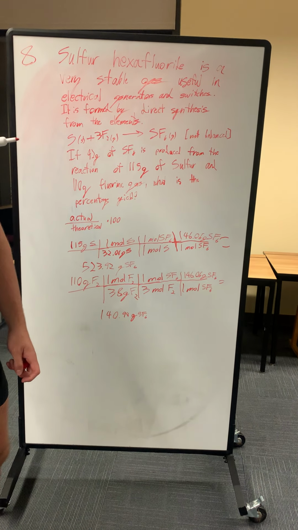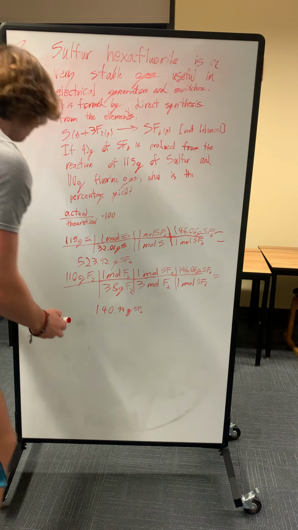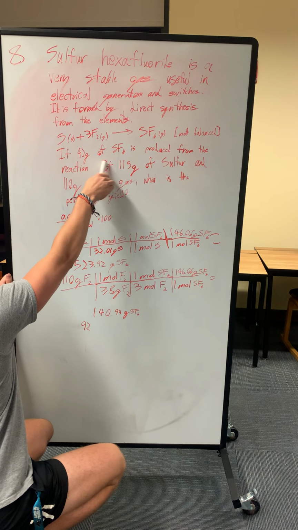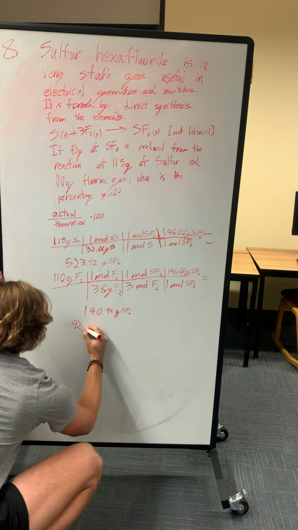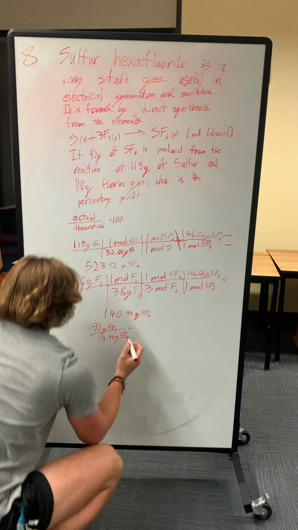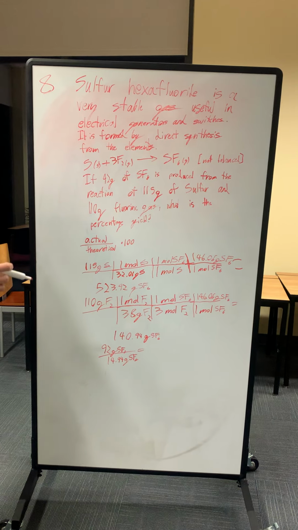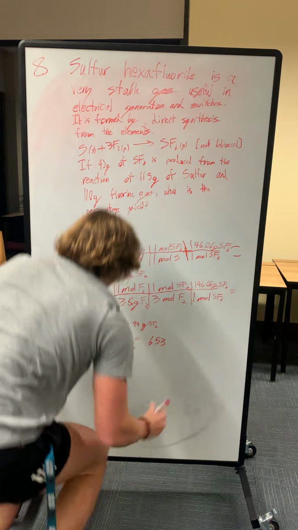Then you're going to use your limiting and plug it into the equation. Your limiting is also your theoretical. So you go 92, because it gave us the 92 grams of SF6 is produced. So you go 92 grams SF6 over 140.94 grams SF6. You calculate that, and you should get 0.653.